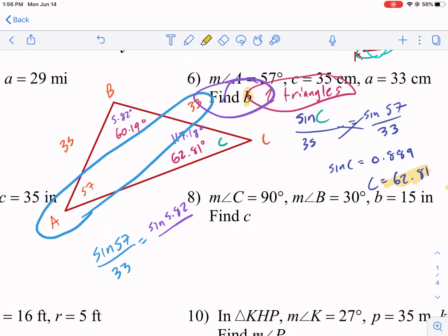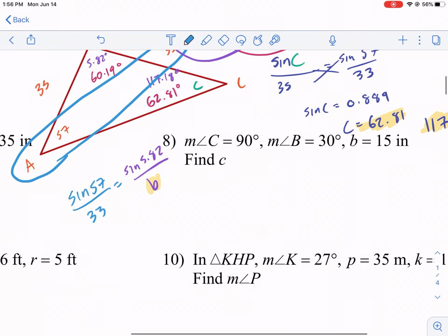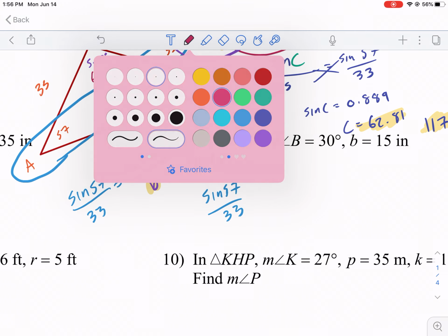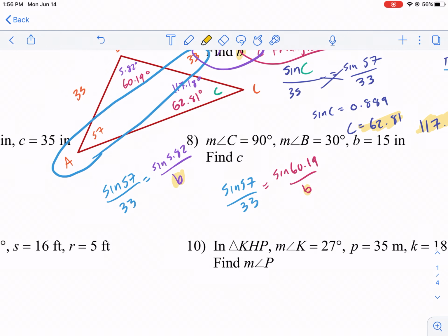That's my goal right here, over b. Okay, so then I'm going to do the same thing, just so you know. I've got to set it up ahead of time. Sine 57 over 33, and then I'm going to do the same thing with the pink. So this is equal to sine of 60.19 over b. And again, I'm solving for b in those because there's two different possibilities.